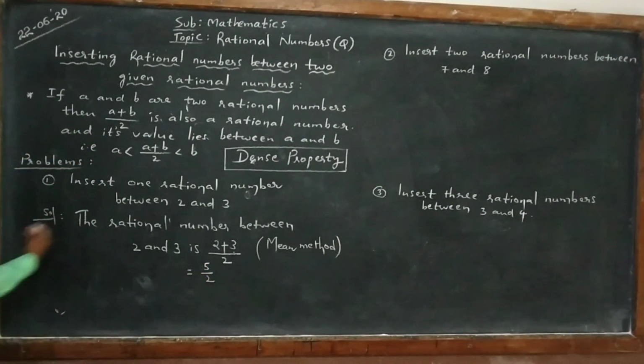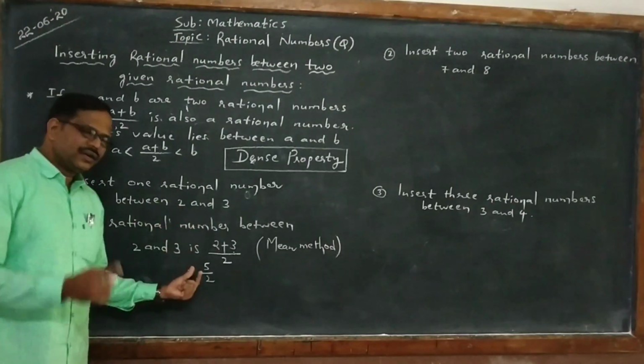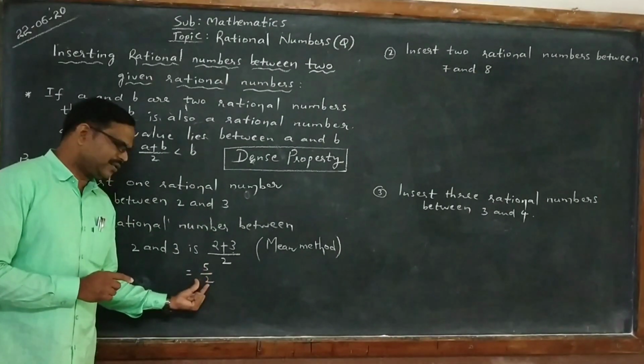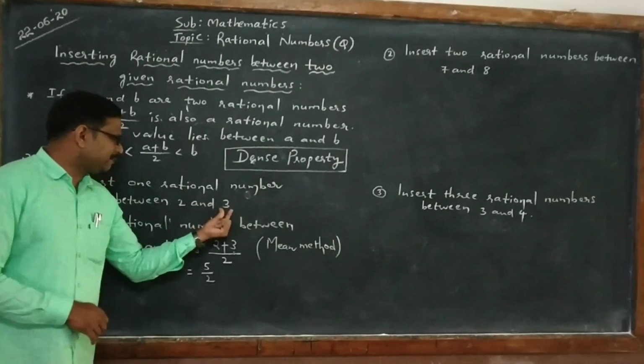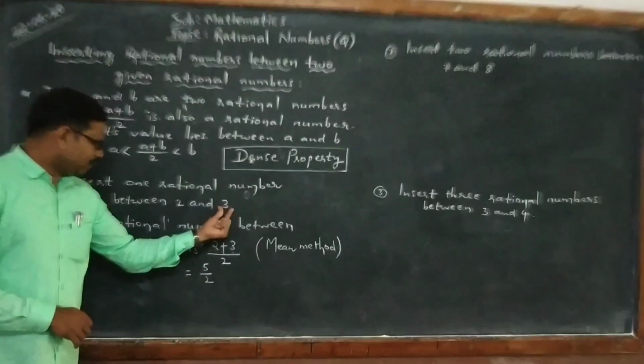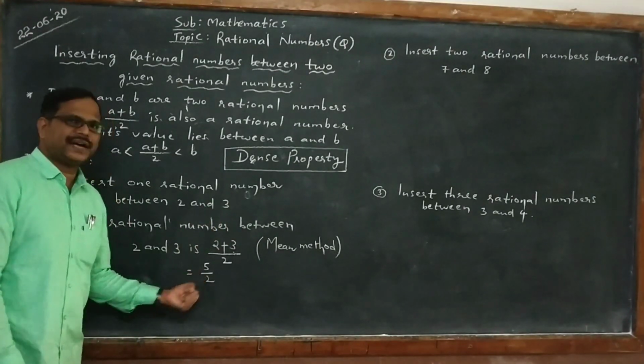Therefore, what is the rational number between 2 and 3? Only one rational number here, 5 by 2. Okay, there exists an unlimited number of rational numbers between 2 and 3. One of the rational numbers is 5 by 2.